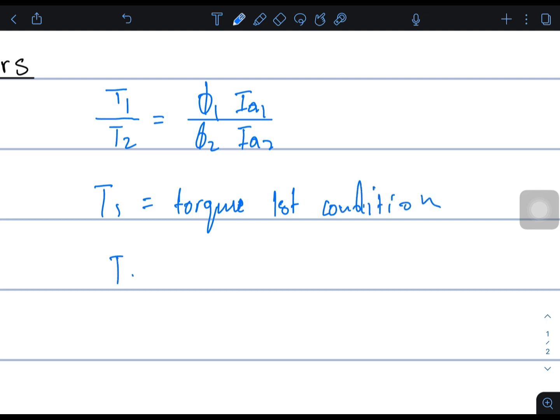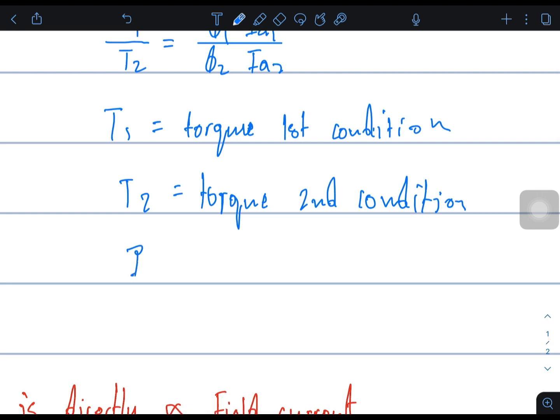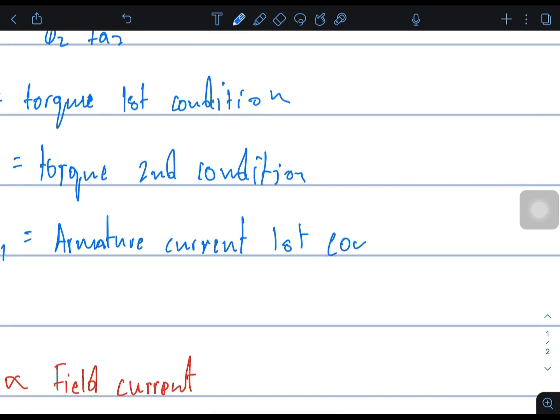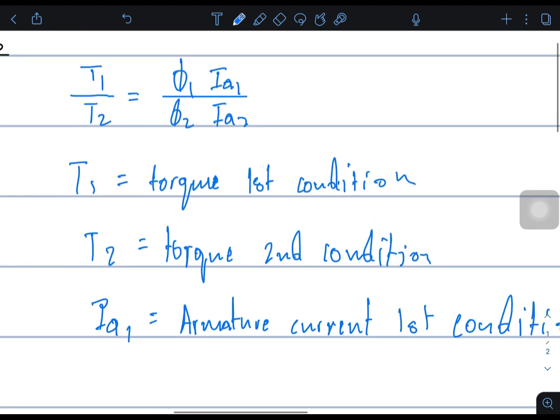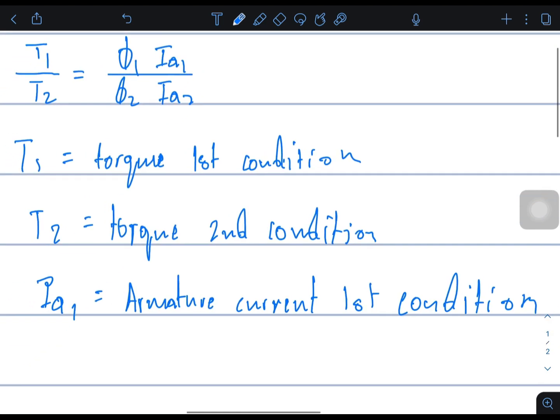Then T2 is the torque of the second condition. Okay. Then IA1 is the armature current of the first condition. Then IA2 is the armature current of the second condition. So on and so on.